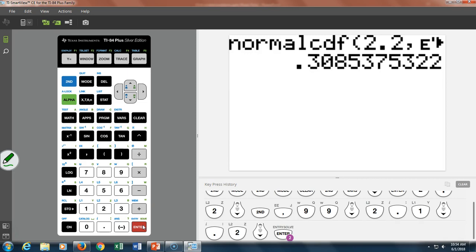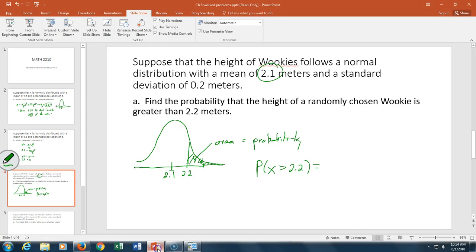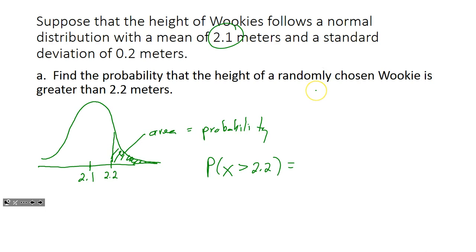Let's give the probability to 4 places, which seems to be what the homework's been doing, and that would be 0.3085. So I'll go back now to my PowerPoint, and we'll continue. But it was 0.3085. Okay, so that's how you find a probability using your calculator.